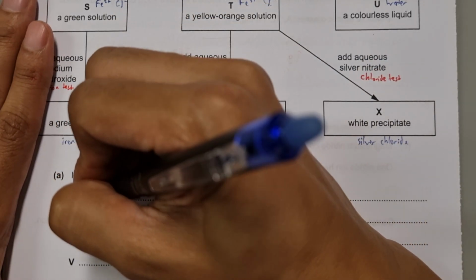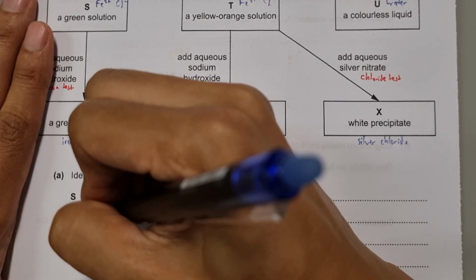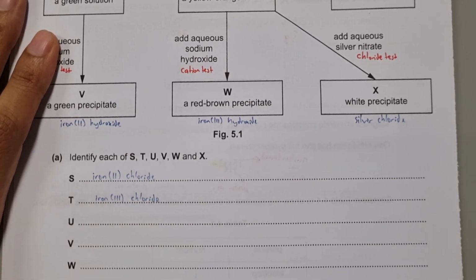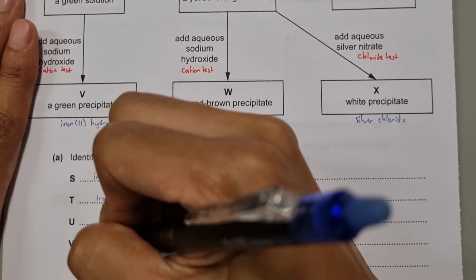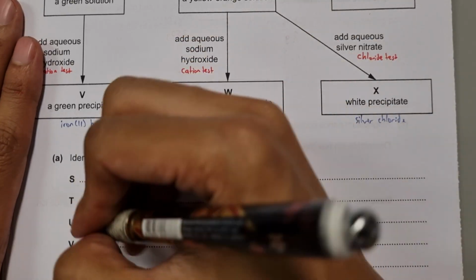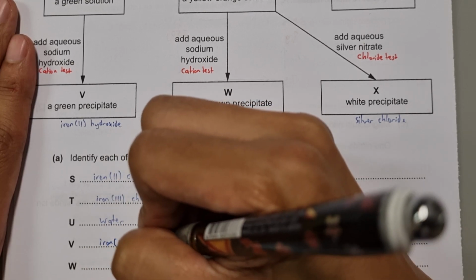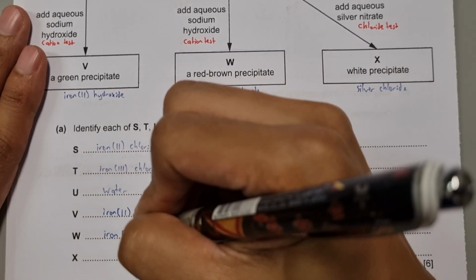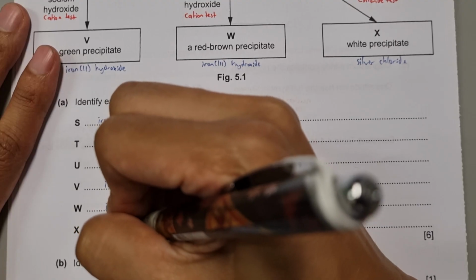So S would be iron 2 chloride, T would be iron 3 chloride, U would be water, V is iron 2 hydroxide, W is iron 3 hydroxide, and X is silver chloride.